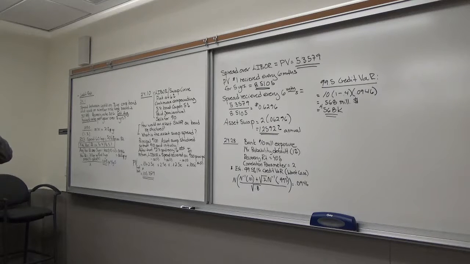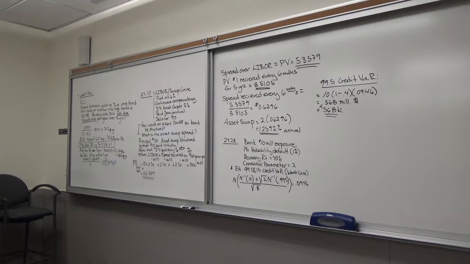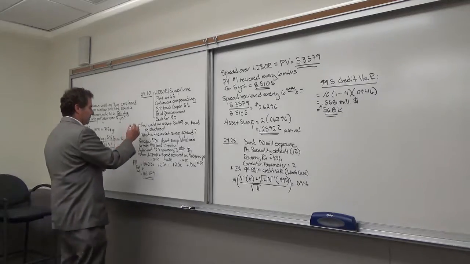In problem 24.1, you have a LIBOR swap curve. The LIBOR is flat at 6%. You have continuous compounding. You have a 5-year bond with a coupon of 5%. It is paid semi-annually and currently sells for $90. How would an asset swap on the bond be structured?